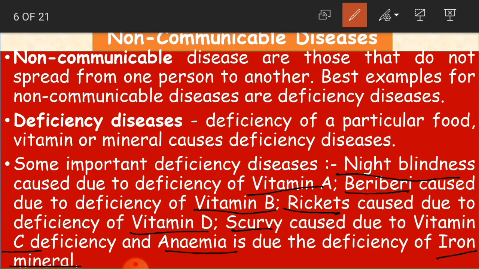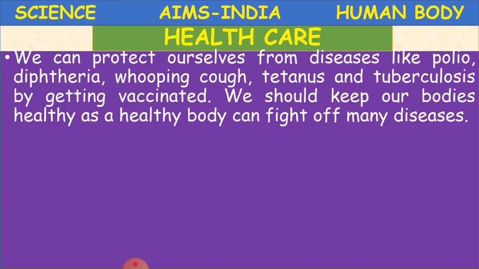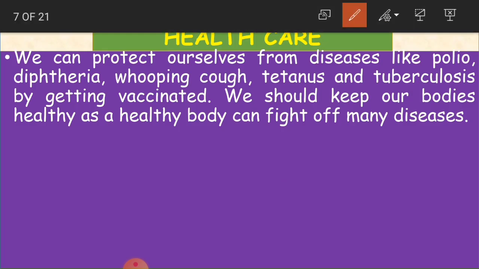Okay, children. So this is about non-communicable diseases, and here we can protect ourselves from diseases like polio, diphtheria, whooping cough, tetanus and tuberculosis by getting vaccinated. Okay, so polio, diphtheria, whooping cough, all these, as we said, what type of diseases are they, children?